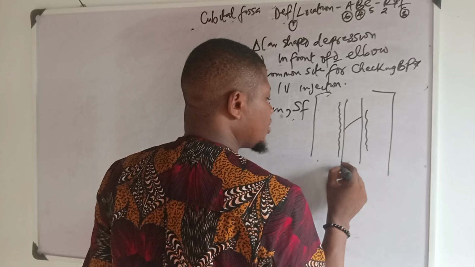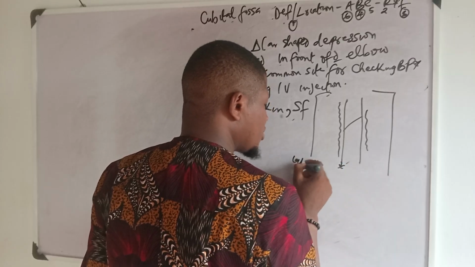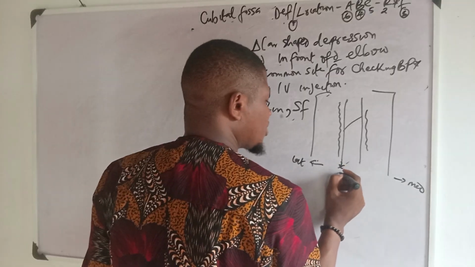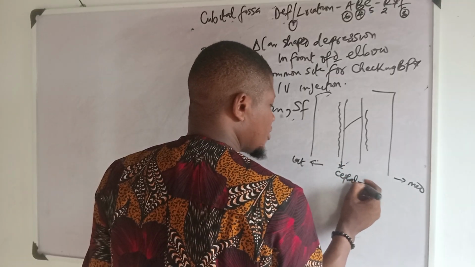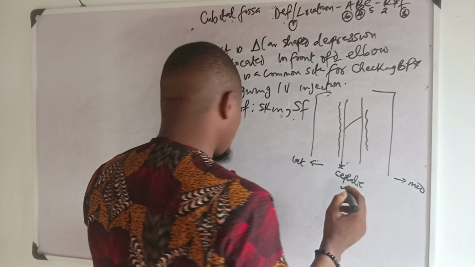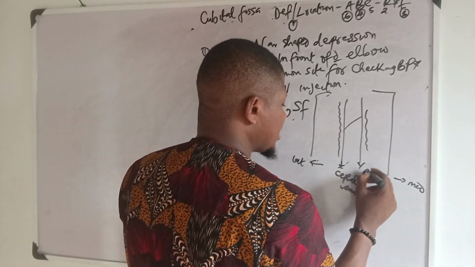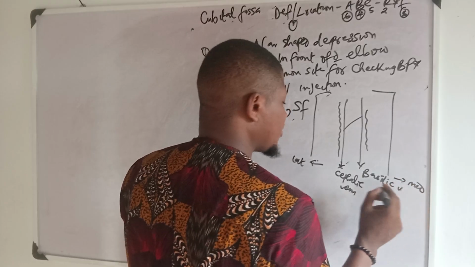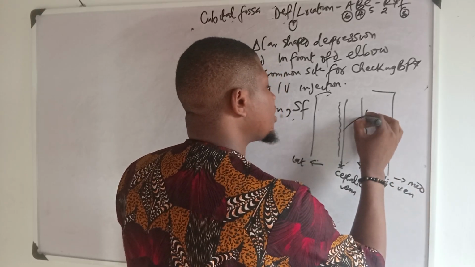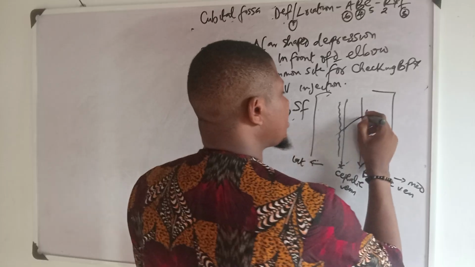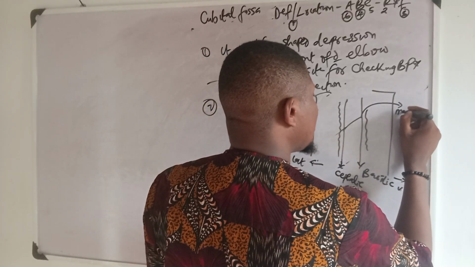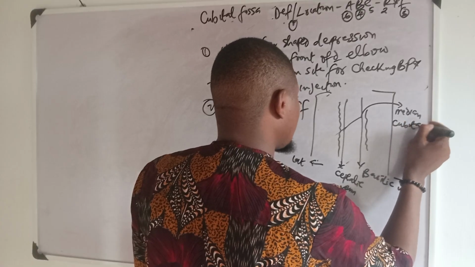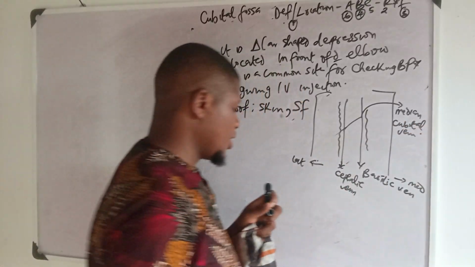So let's say all this side is lateral, all this side is medial. The vein you see on the lateral side is called cephalic vein. The vein you see on the medial side is basilic vein. Then the one joining the basilic and cephalic is the median cubital vein.